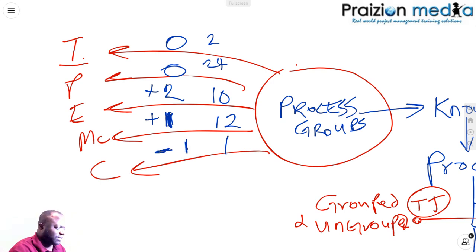So I'm trying to make sense out of everything and calculate. So there were 47 before. Now they're 49. Yep, makes sense. So 1 cancels -1, and they're now 2. So there's been an increase of 2 in executing, an increase of 1 in monitoring and controlling, a decrease of 1 in closing, and planning has stayed the same because stuff has moved around. That's all that happened for the most part.